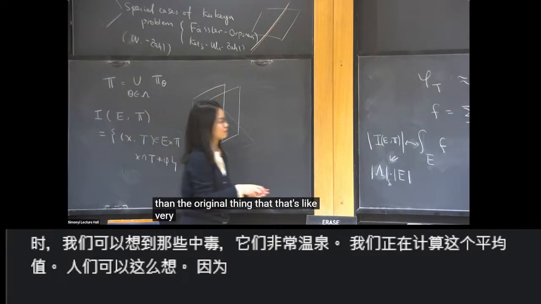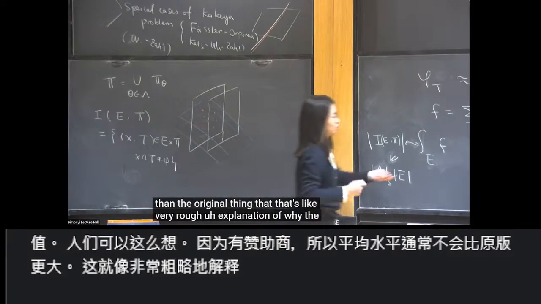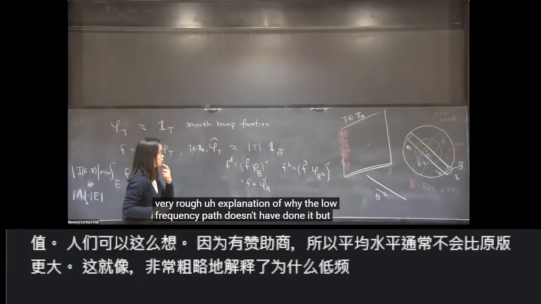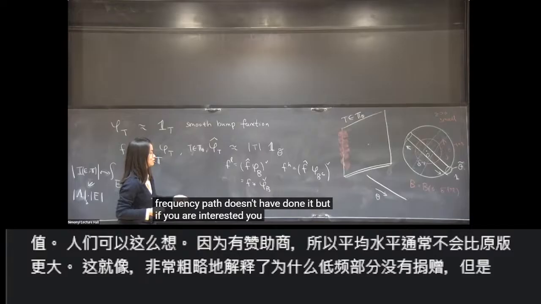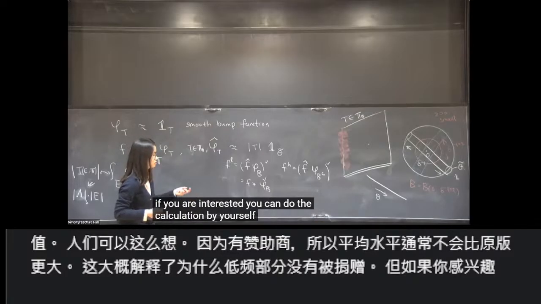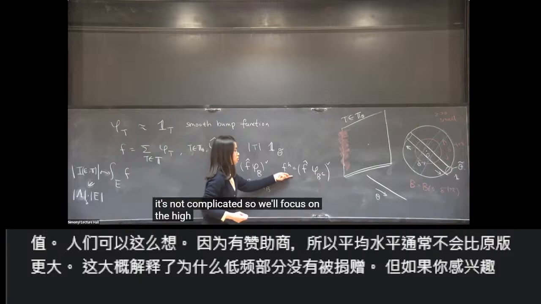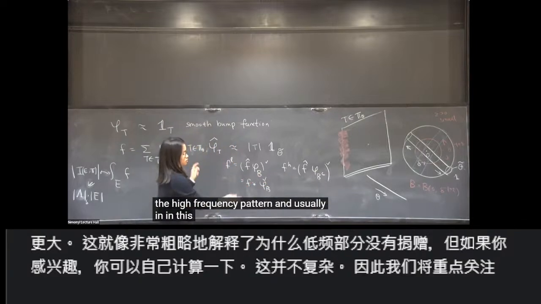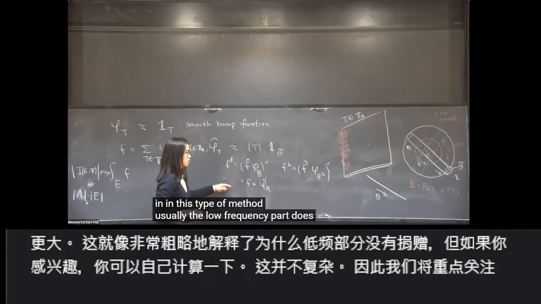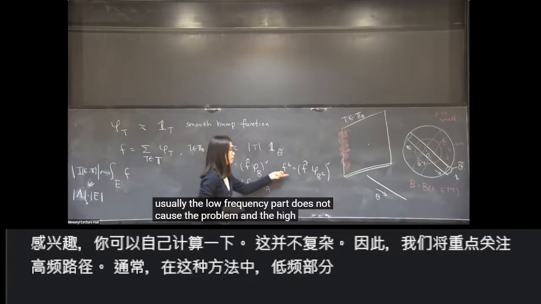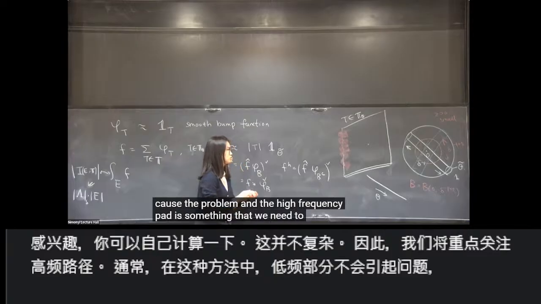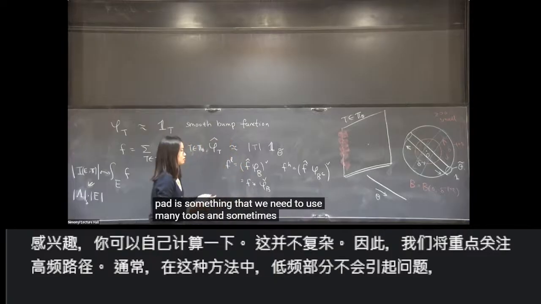That's a very rough explanation of why the low frequency part doesn't dominate. But if you are interested, you can do the calculation by yourself, and it's not complicated. So we'll focus on the high frequency part. Usually in this type of method, the low frequency part does not cause a problem, and the high frequency part is something where we need to use many tools, and sometimes it doesn't work.